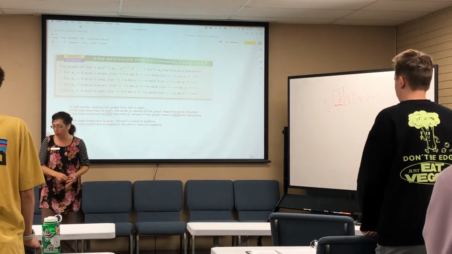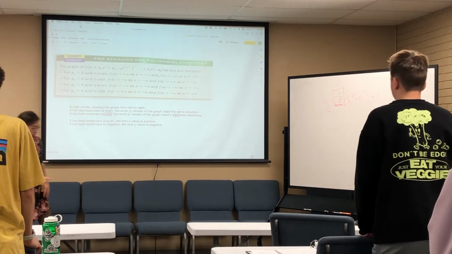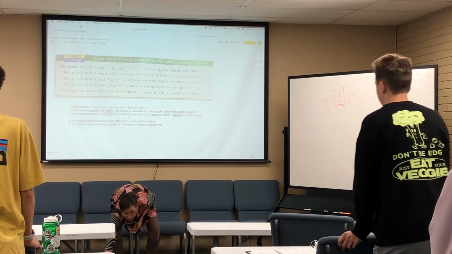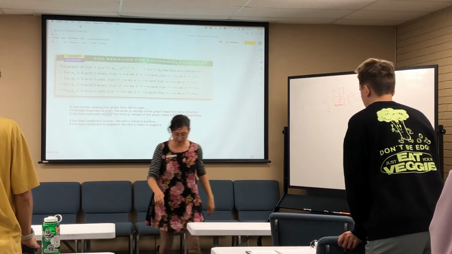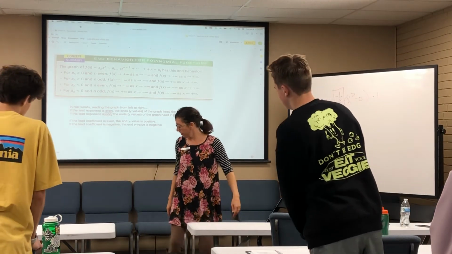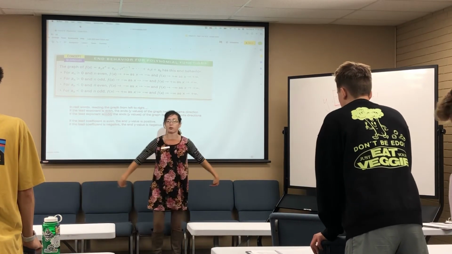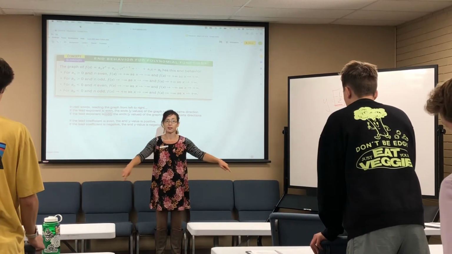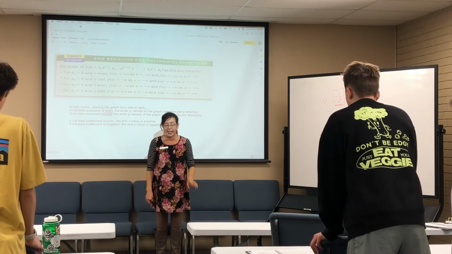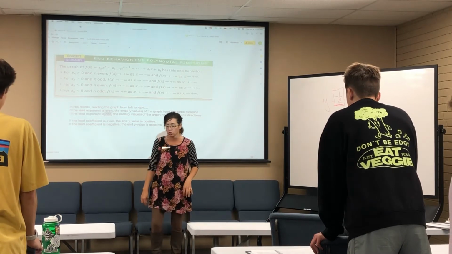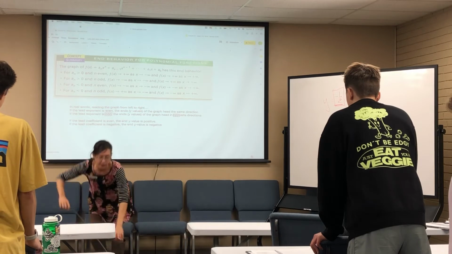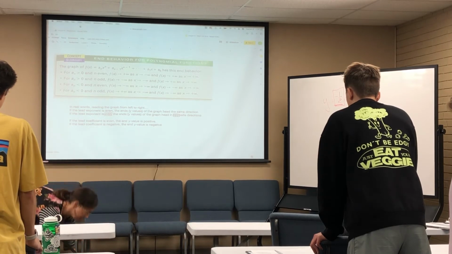No. Okay, so this is the other thing I want to show you. I need help moving this into a different shape, and you guys need to see it. Here I have a parabola. Which way are both sides facing from your direction? Positive. Okay. If I change this to a cubic, it is going to look like this.